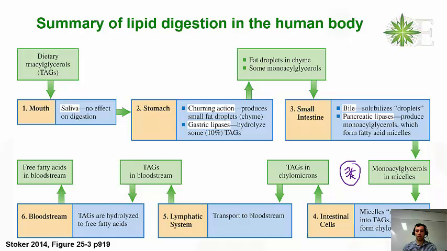The micelles can be absorbed into the intestinal cells, where we then repackage the triacylglycerols into chylomicrons, and once in the chylomicrons via the lymphatic system, we can get those chylomicrons to enter the bloodstream, where they can then be broken down into triacylglycerols.